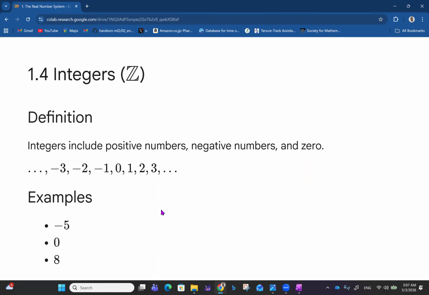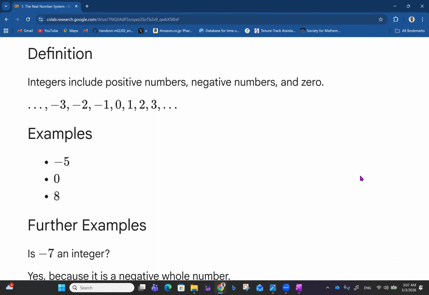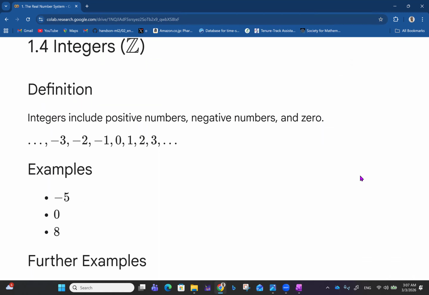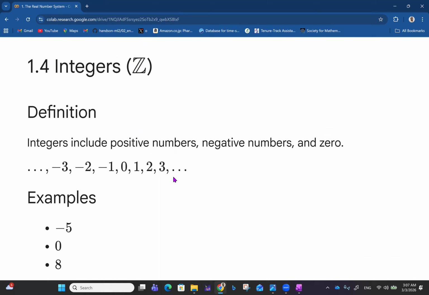Then we have integers. In the definition, integers include positive numbers, negative numbers and zero. So integers are whole numbers, including negative. I think I'm just confusing myself right now.